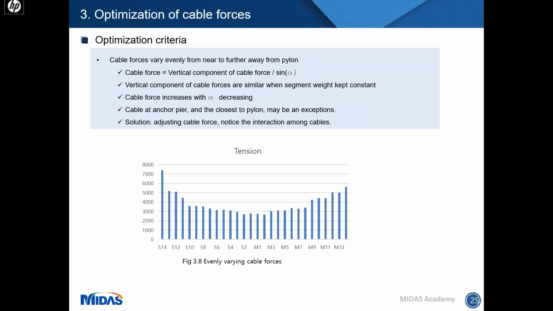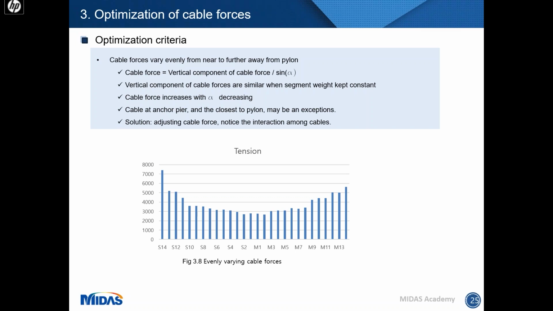The fourth criteria is about the cable force. Cable forces should vary evenly from near to further away from the pylon. We can see the vertical component of cable forces counteracts the girder self-weight.